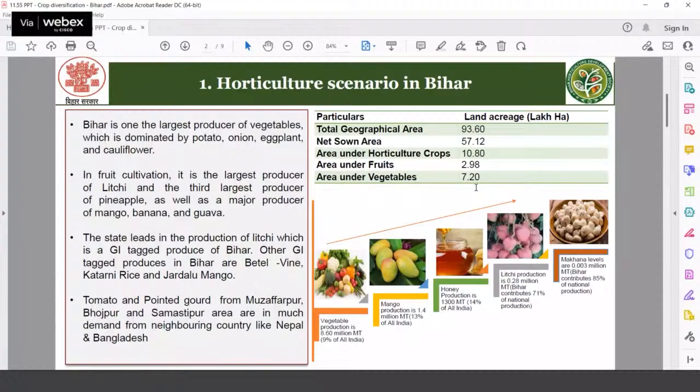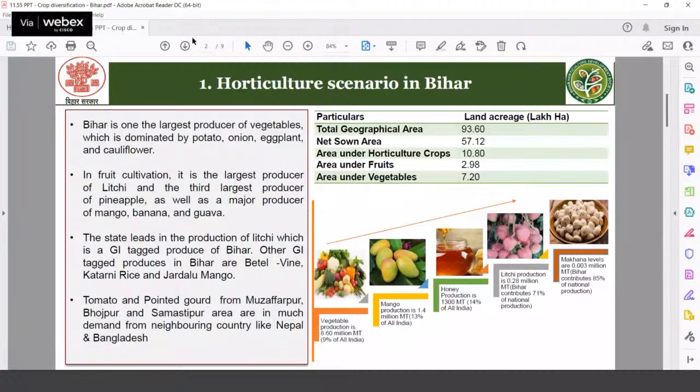In terms of honey also, the state enjoys a very leading position. Lychee, we all know, it is the key state for lychee production, especially Shahi lychee, and of course the state also leads across the globe in makhana production.